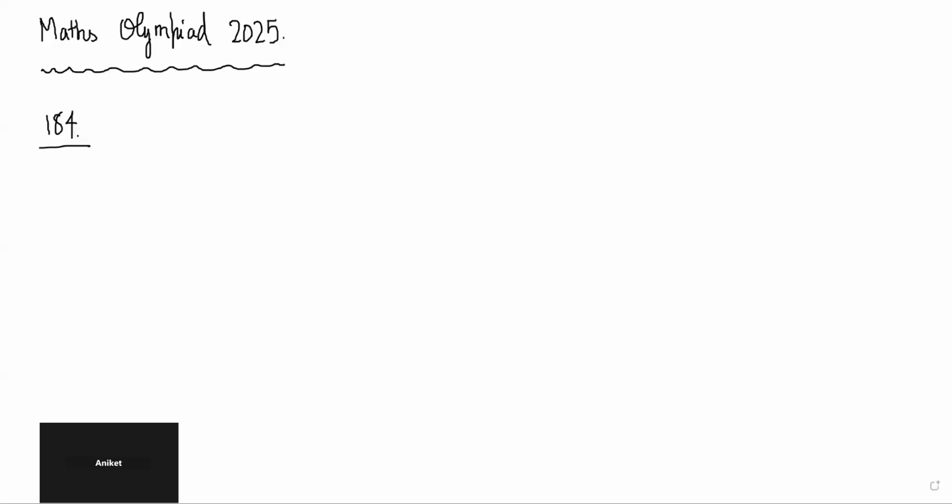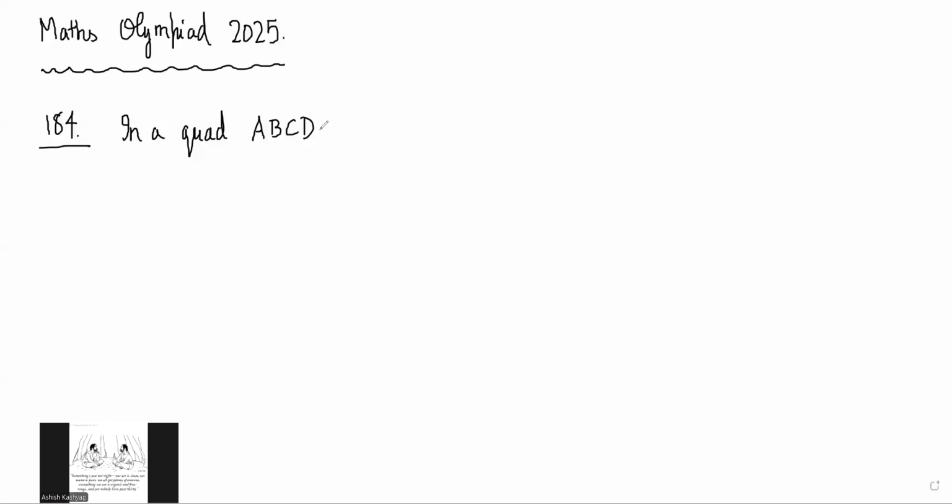So the question says: in a quadrilateral ABCD, the points E, F, G are midpoints of AB, BC, and AD respectively.